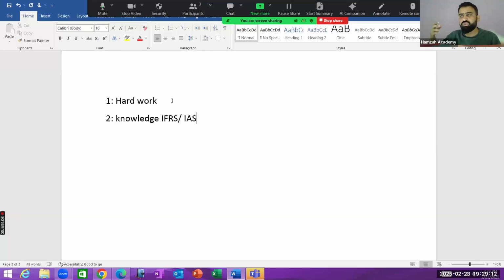Being a student, you do not need to go in very depth, but at least the things which are in your syllabus, that means the content of the ACCA Study Hub, or the content which we have in the latest books written by publications like Kaplan and BPP. So get through all relevant IFRS and IAS.